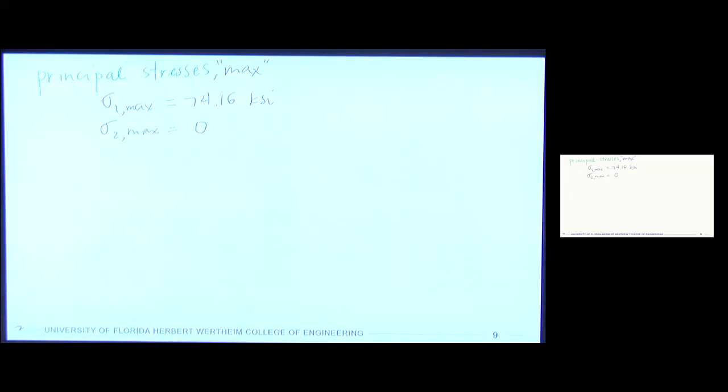So yes, it's a 3D stress state, but we can approximate it with a 2D stress state. And sigma 3 max is minus 18.9.